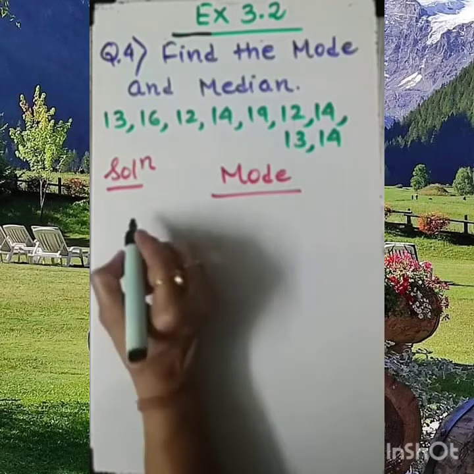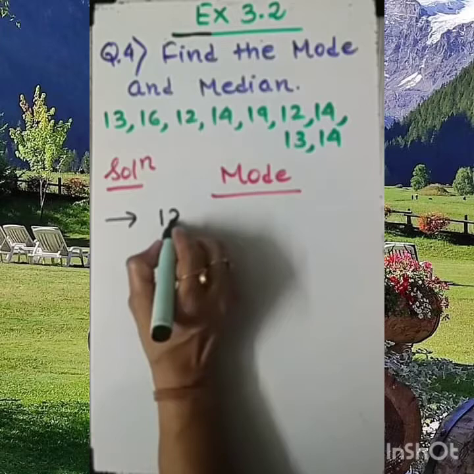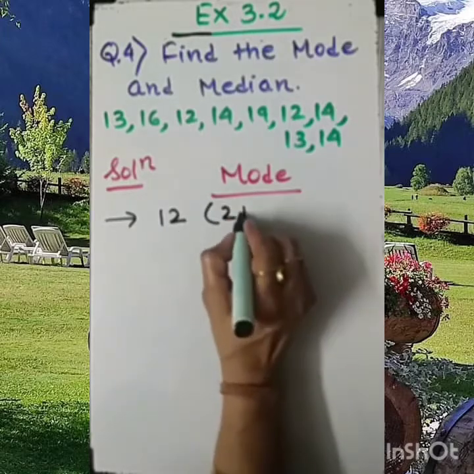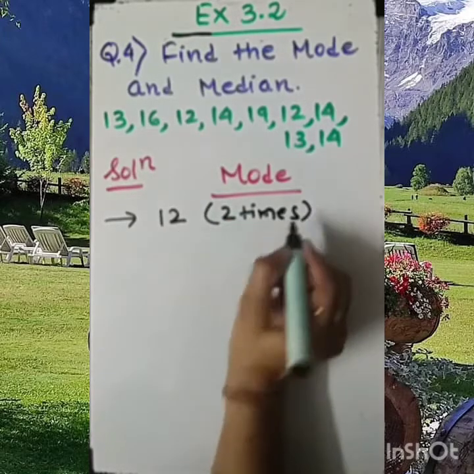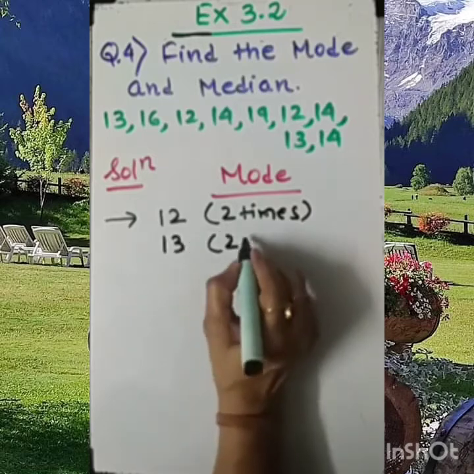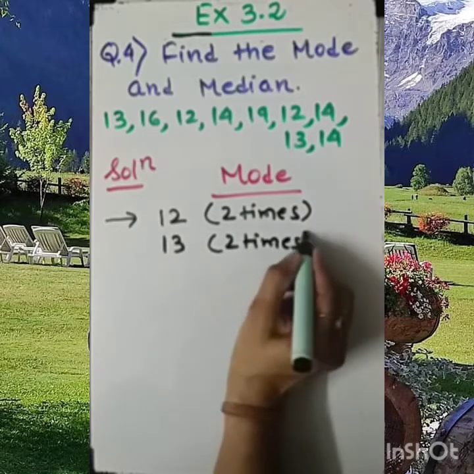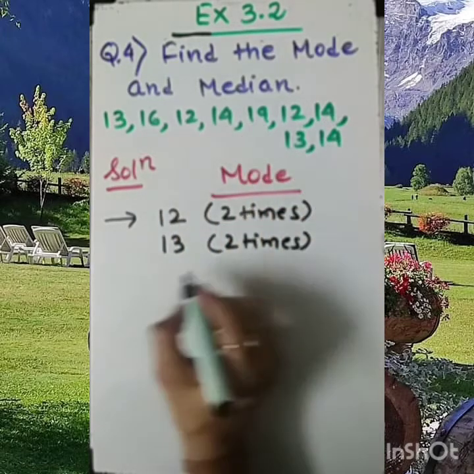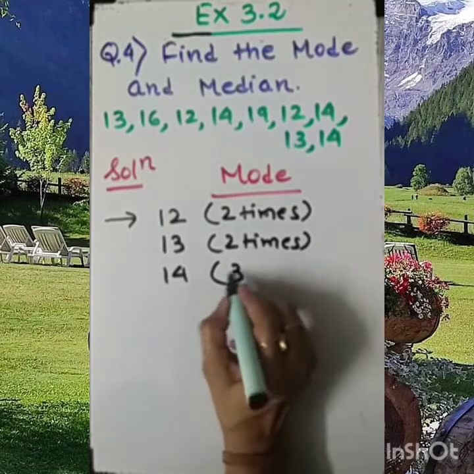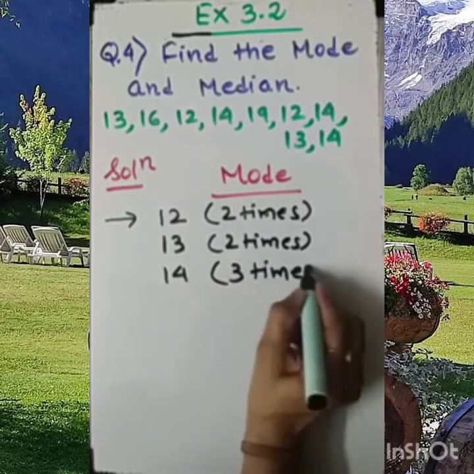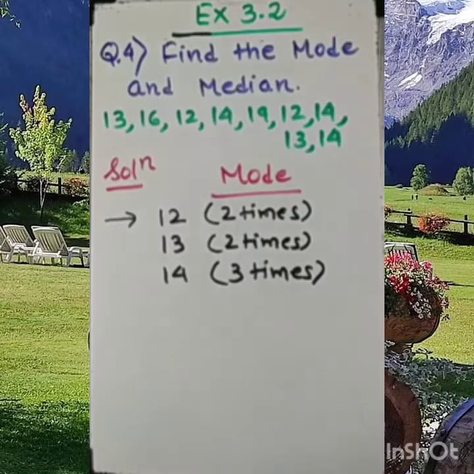Okay, here you can see 12 is repeated two times, right? 13 is repeated two times, but dear student, 14 is repeated three times. So here I need to mention the observation which has been repeated maximum times.